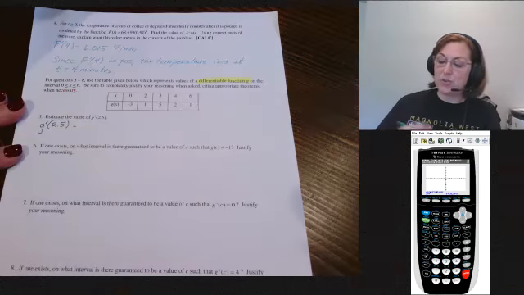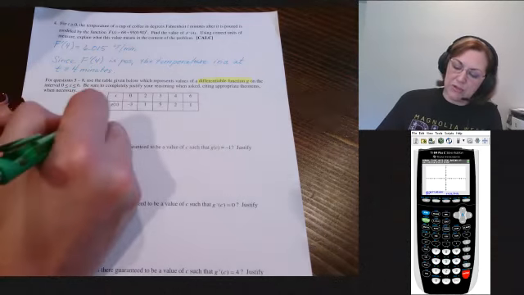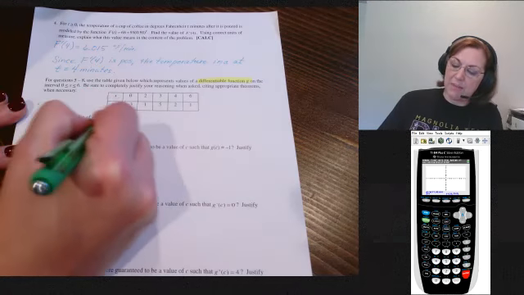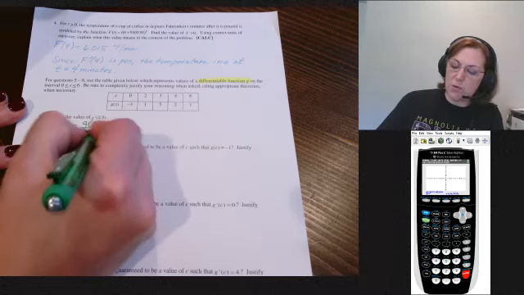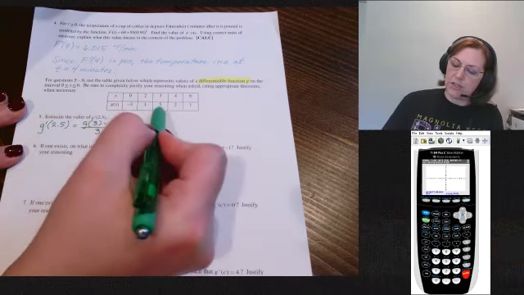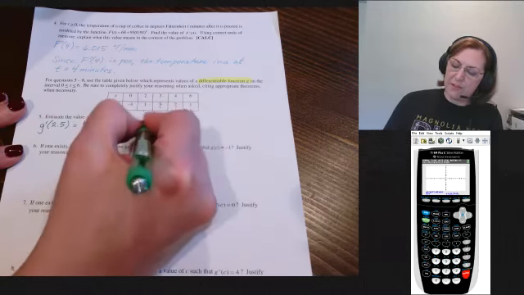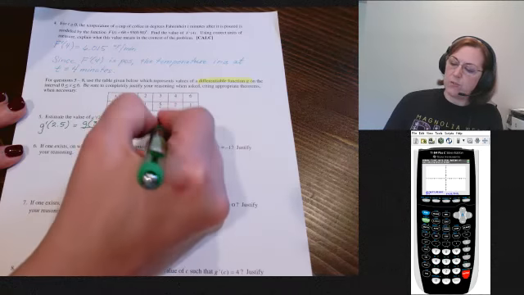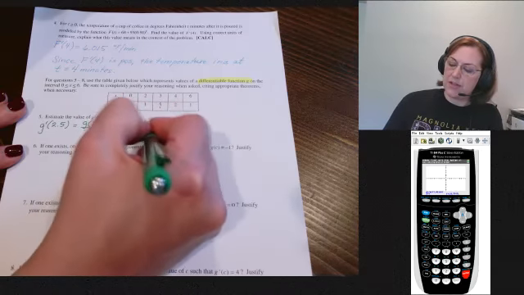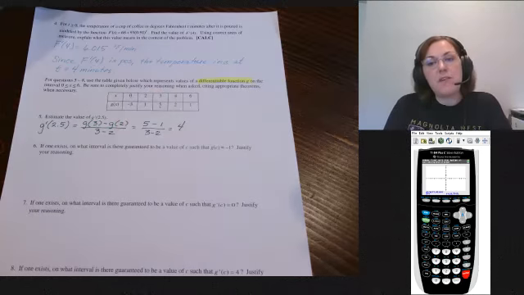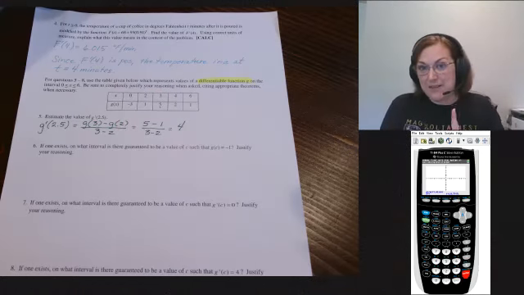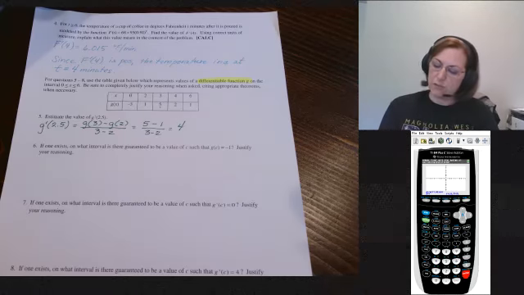So if I can't do derivative, then I might do slope. So I'm doing y2 minus y1: y2 would be 5 minus y1, which is 1, over 3 minus 2, which gives me 4. So my estimate of the derivative at 2.5 is 4.